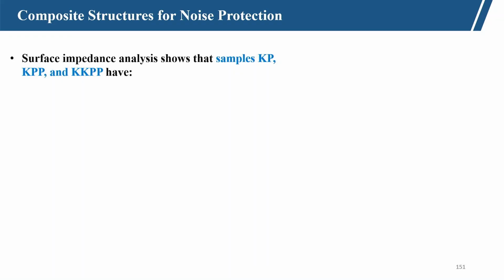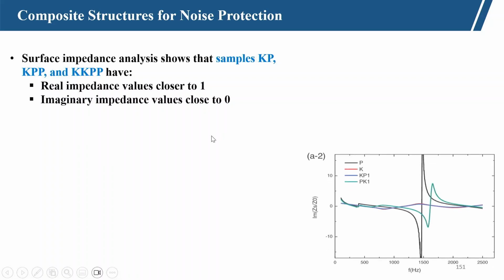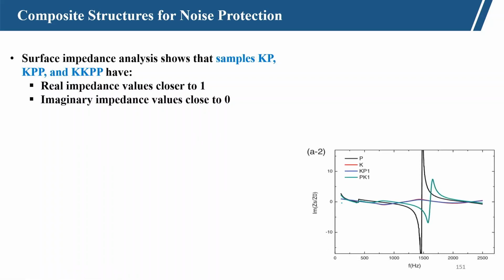Now, surface impedance analysis shows that samples KP, KKP, KPP and KKPP actually have real impedance value close to 1, that is nanoven at the front, and imaginary impedance value close to 0. So, this is the KP.